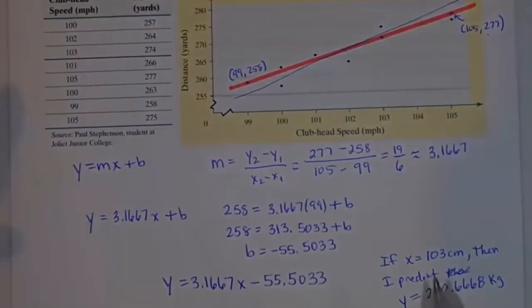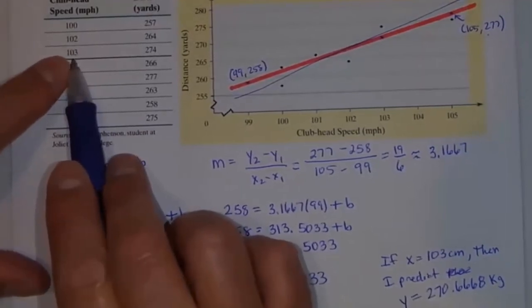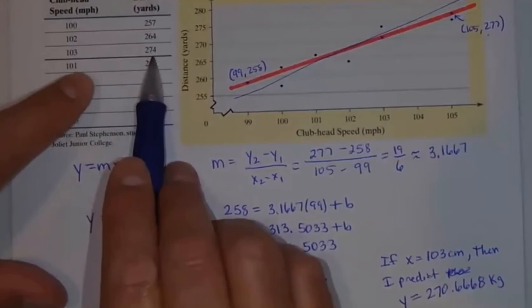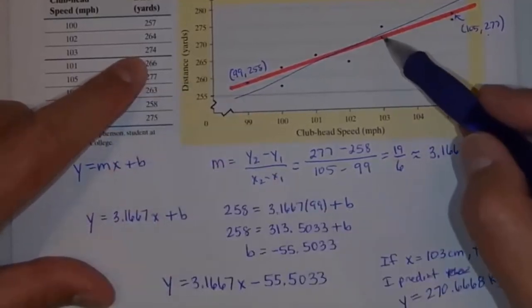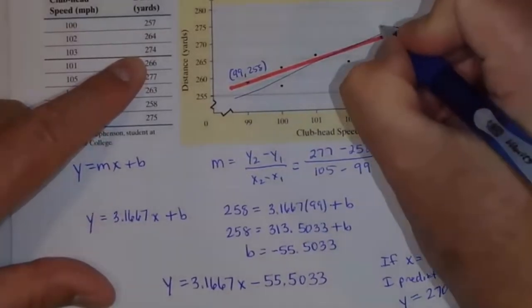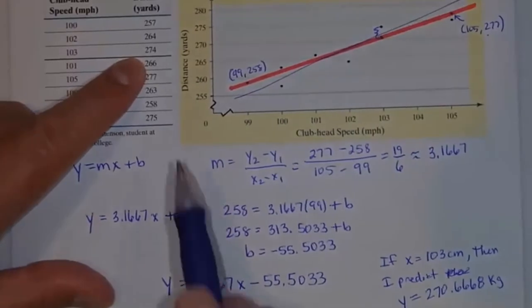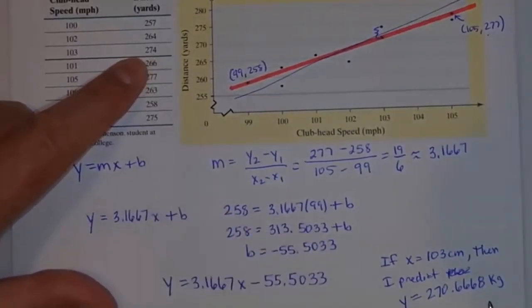Now here's my point. We actually had a bear that was 103 centimeters long, and that bear actually weighed 274 kilograms, not 270.7 kilograms. So there is a difference between the value that we observed in the data and what our equation would have predicted.